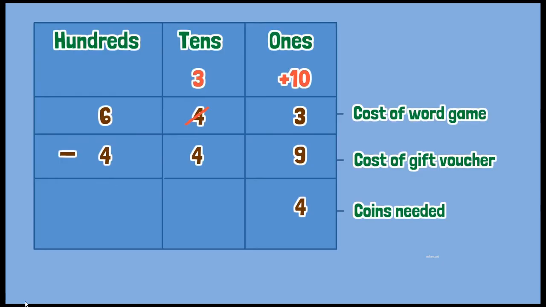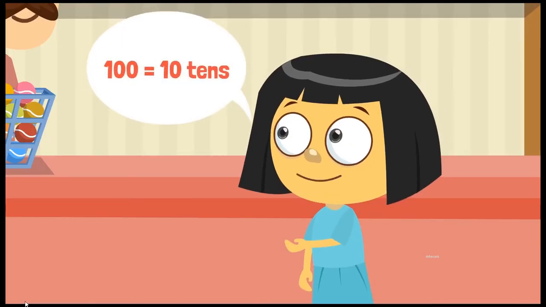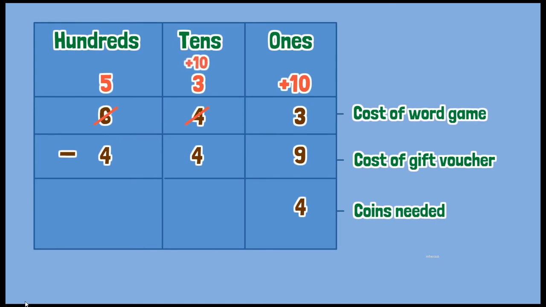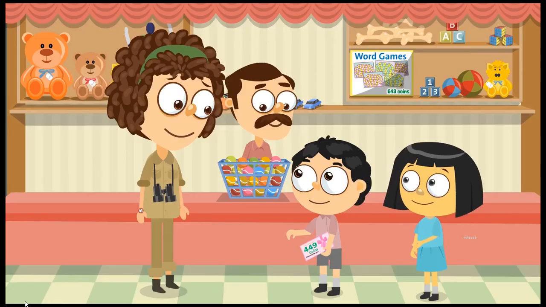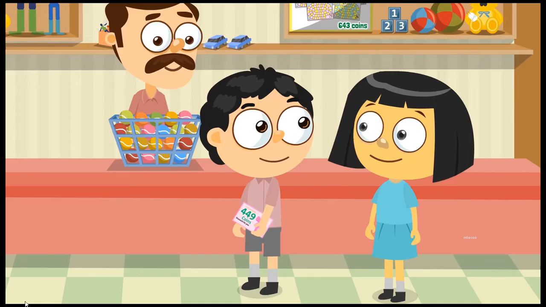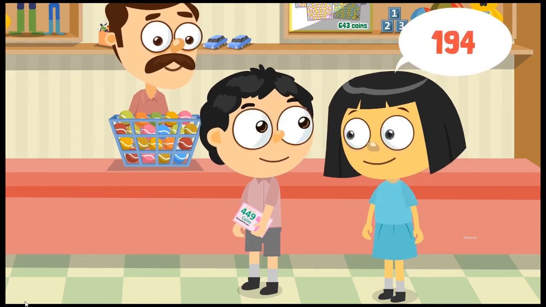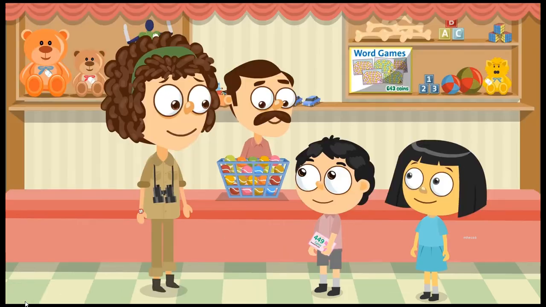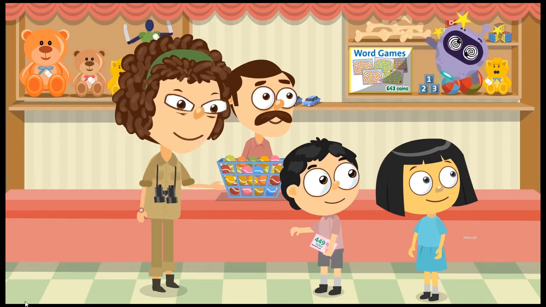Suppose we borrow 100 from the 600s. 100 is 10 tens, so we add a 10 in the tens place. We had a 3 in the tens place. 13 minus 4 is 9. Correct. And 5 minus 4 is 1. So, you have to pay 194 coins for the game along with your gift voucher. I can buy it then. Be careful, our little robot.